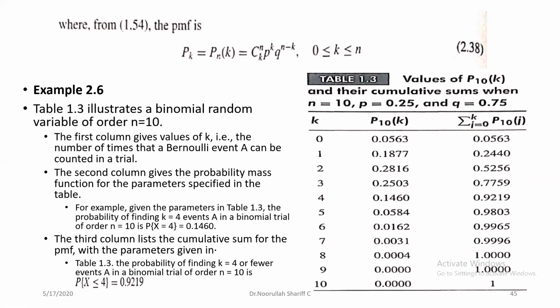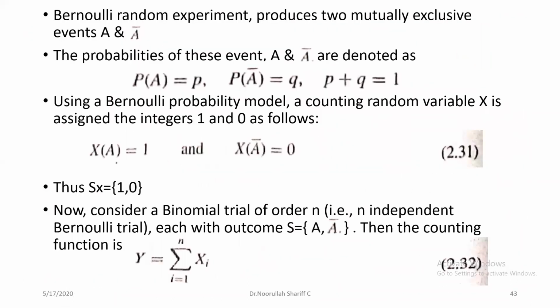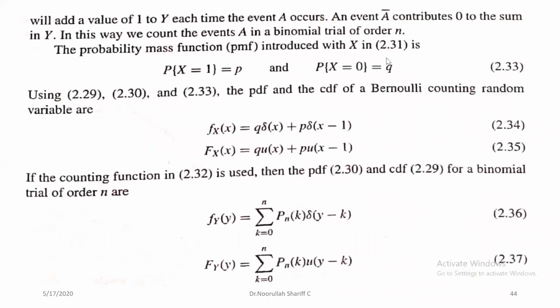This is the binomial distribution or binomial random process, which comes out of n independent Bernoulli trials. N independent Bernoulli trials will give us the binomial random variable or binomial distribution.